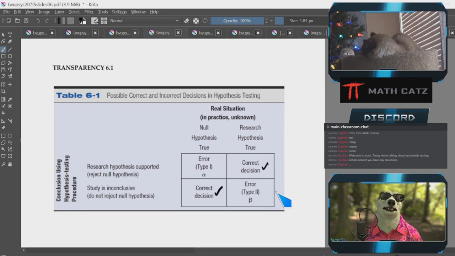So let's talk about this, what we call the type 2 error. Type 1 error is I reject the null hypothesis, but I shouldn't have. A type 2 error is I do not reject the null hypothesis when I should have. So let's explore this by way of an example.